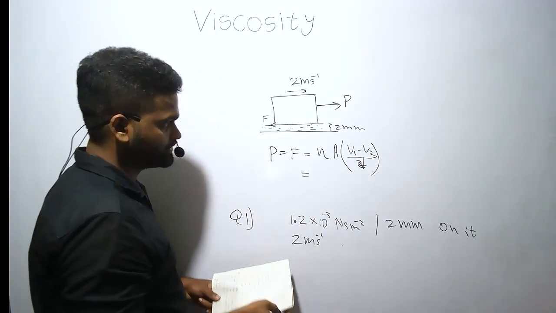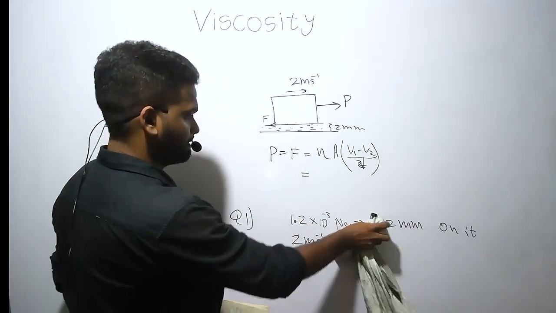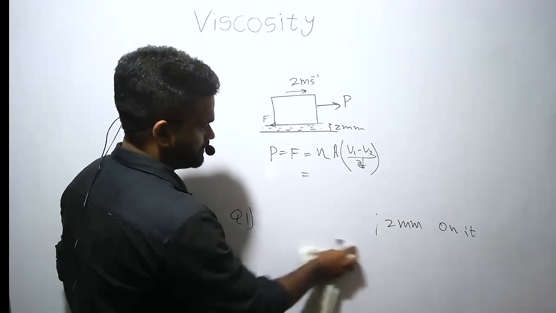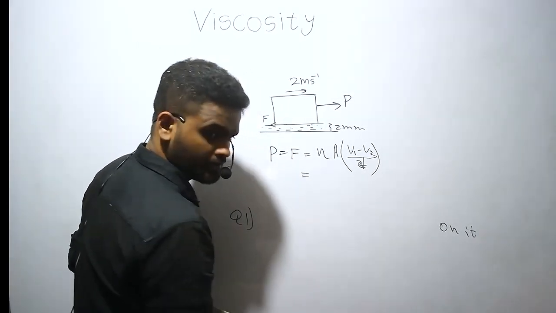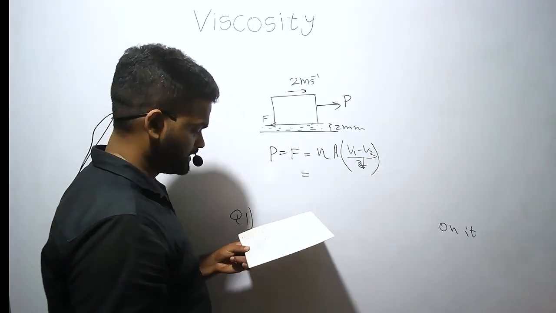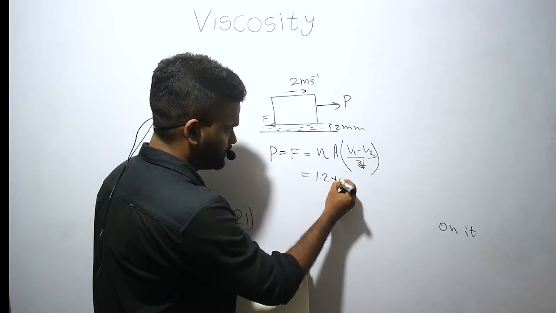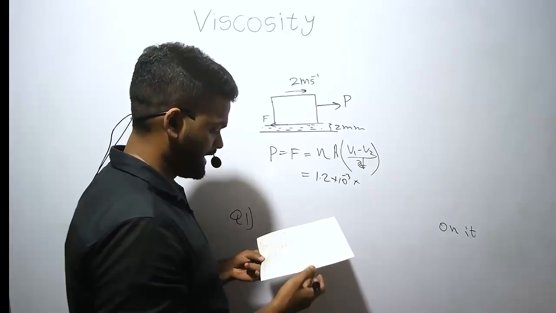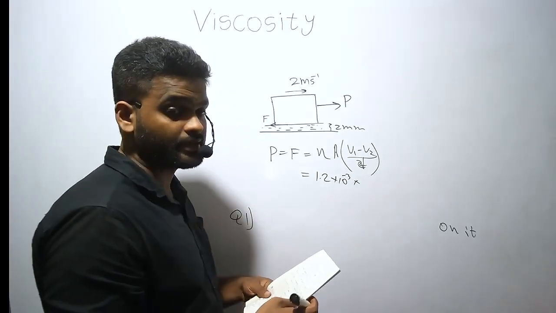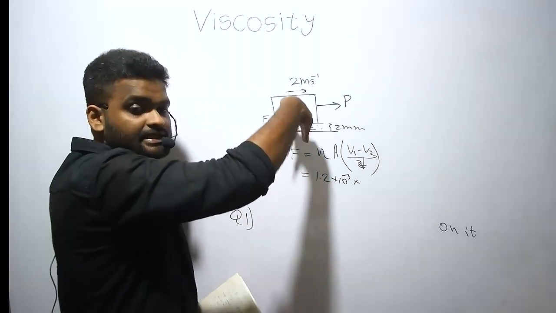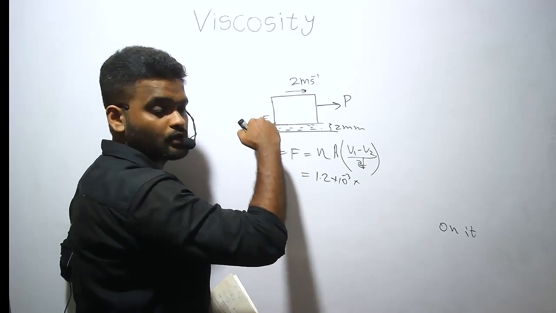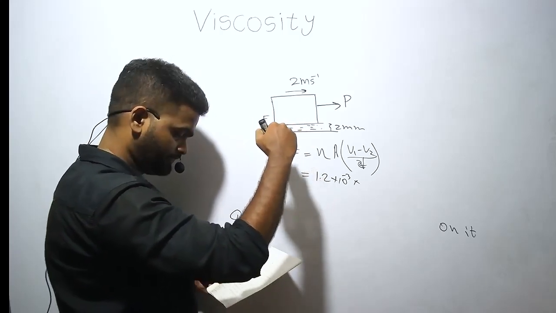Then you have to substitute values. So what is eta? 1.2 times 10 to the power minus 3. Area is given, right? So what is the area? If you consider the cube, what's the area of the bottom?